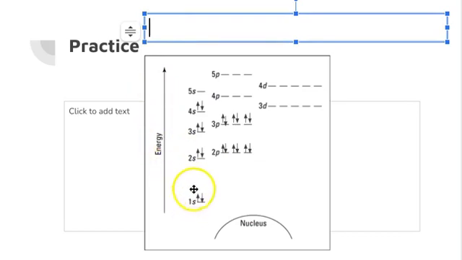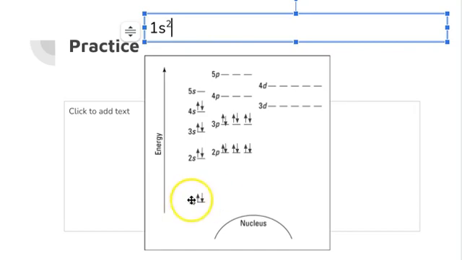You're, again, going to start with your very lowest one that you filled in, which is 1s. So I'm going to type 1s. And then I am going to tell how many electrons are in my 1s. So there's 2. And you make that as an exponent. So it looks like 1s squared, but really it's just 1s with an exponent representing how many electrons are in that sublevel, which is 2.